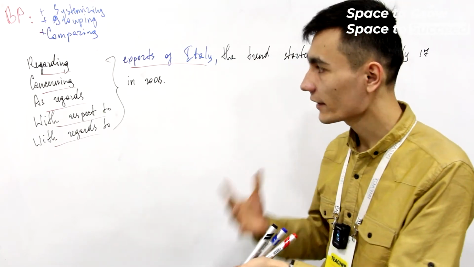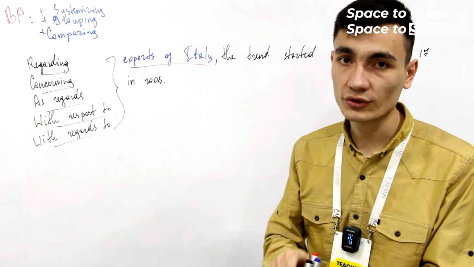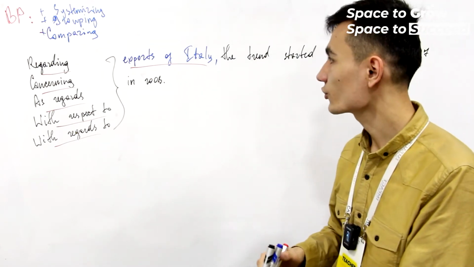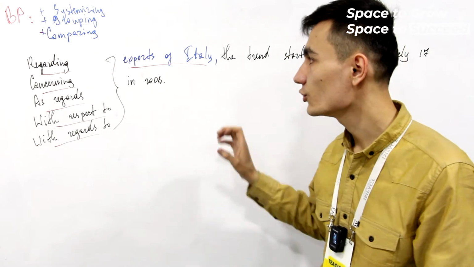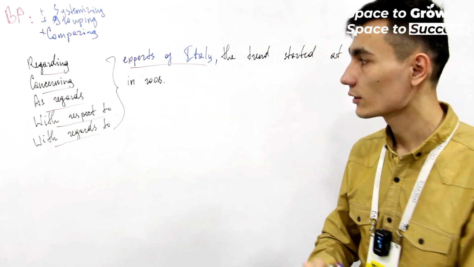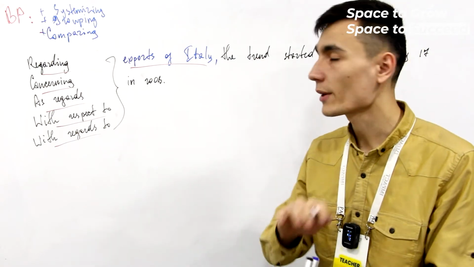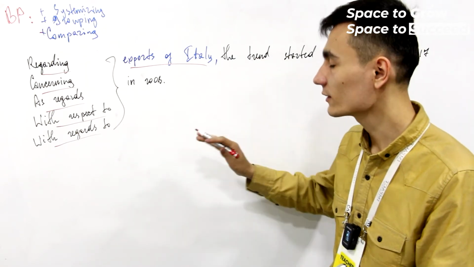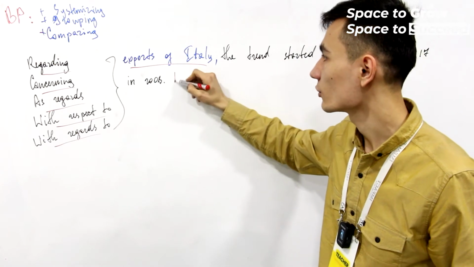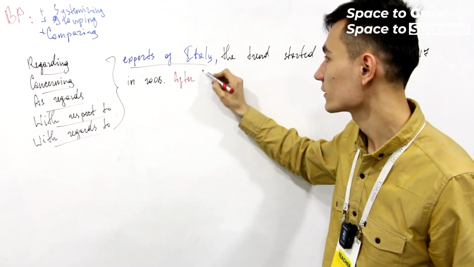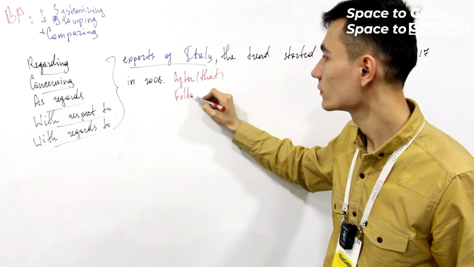So let's find out more about the connectors, the linking structures to continue our sentences. And you know this already if you watched the previous videos. If you didn't, go back and watch them. But I'm going to state it one more time. So we say after. What is that? Following?